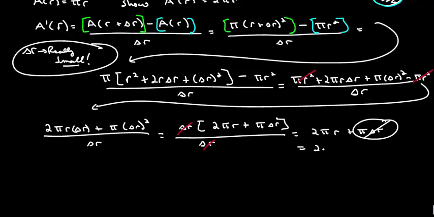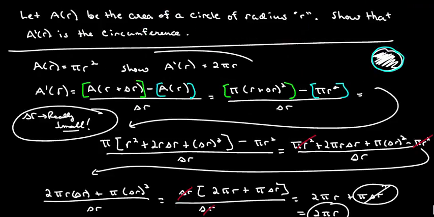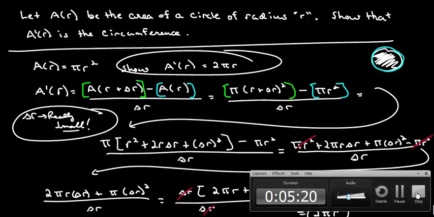And so look at this, it is equal to 2 pi r. So A prime of r is 2 pi r, and that is what we were looking for. If you don't feel somewhat satisfied after that, go back and look at it again, because that's pretty slick.